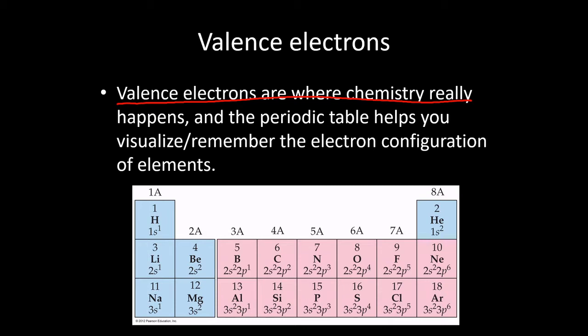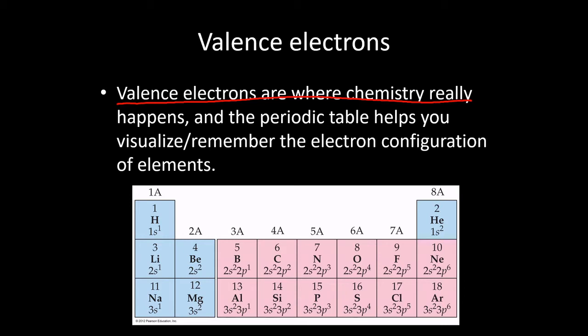They are physically, as far as actual physical distance, the farthest away from the nucleus, which means they are the electrons that everything else is interacting with. Because they are the only electrons that something else can interact with, that's where the chemistry is happening. And so those are the electrons that we care about when it comes to chemistry.